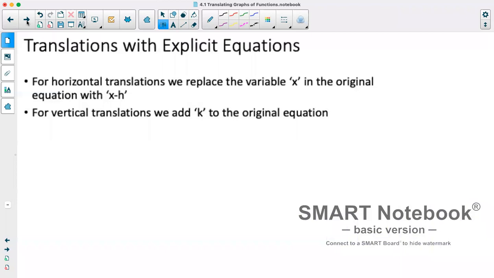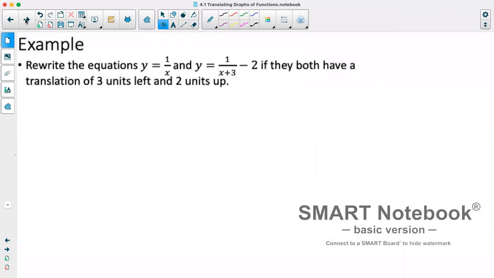For horizontal translations, we take our equation and replace every x in our original equation with x minus h. For vertical translations, we just add k to the end of the equation. So for example, we write the equations y equals x and y equals 1 over x plus 3 if they both have a translation of 3 units left and 2 units up.